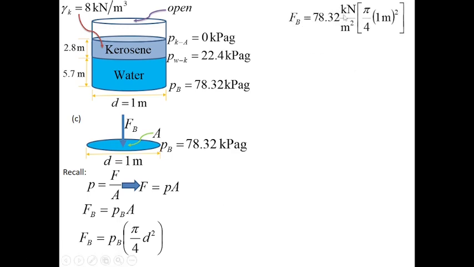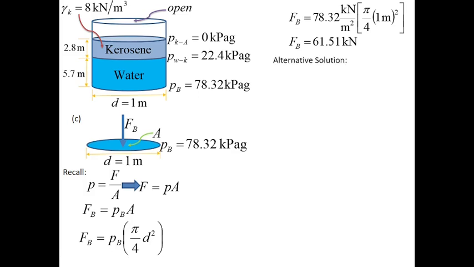And the pressure at the bottom is 78.32 kilopascal gauge, and that is 78.32 kilonewton per square meter. And the diameter is 1 meter. So we will now have an answer of 61.51 kilonewtons.